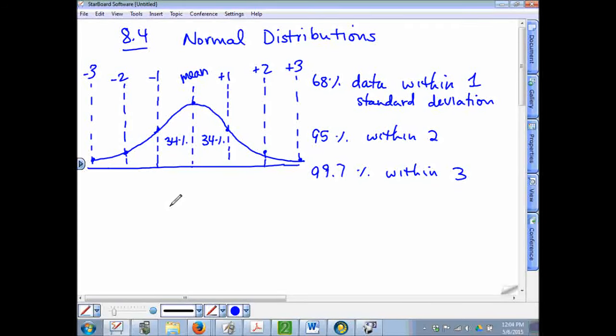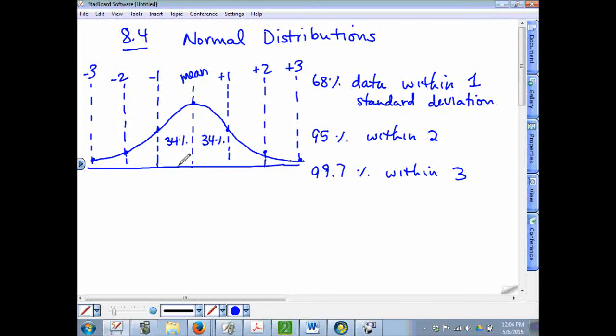Whether you go +1 standard deviation or -1 standard deviation, aren't you within one standard deviation? And what should it equal? 68. And 34 plus 34 is 68. Okay? So, if I'm talking about just this region right here to the right side of the average, that represents 34% of the data. Or if I'm talking about this region, that represents 34. The entire region represents 68%.